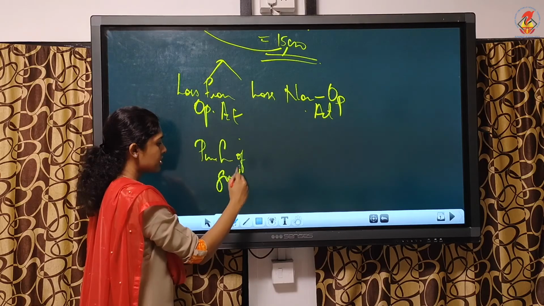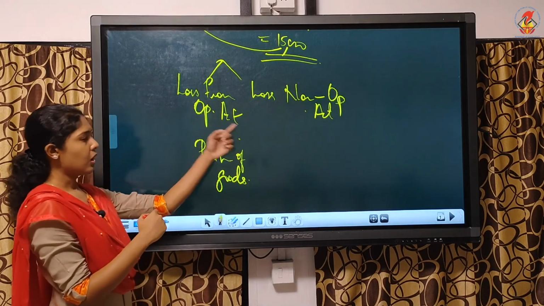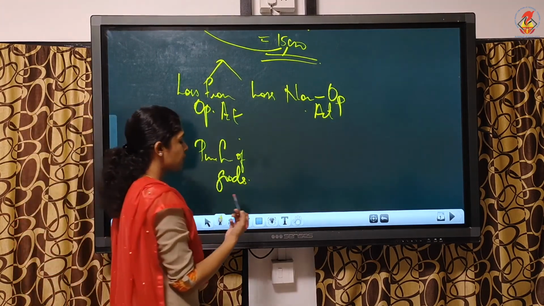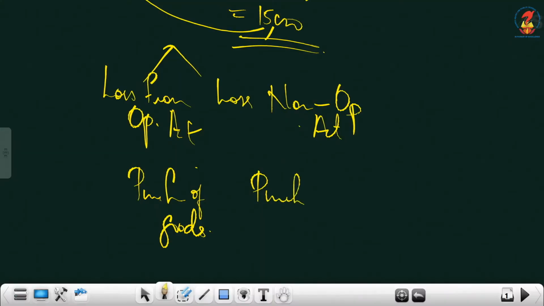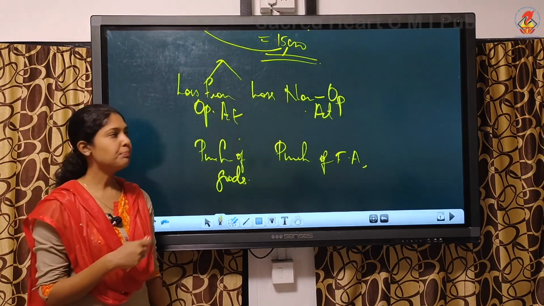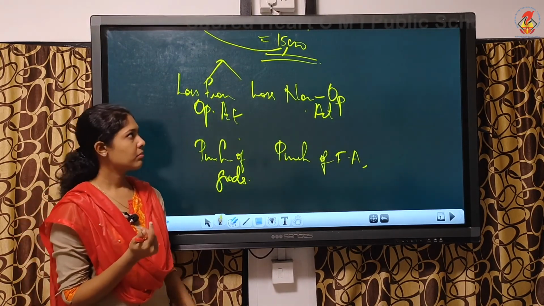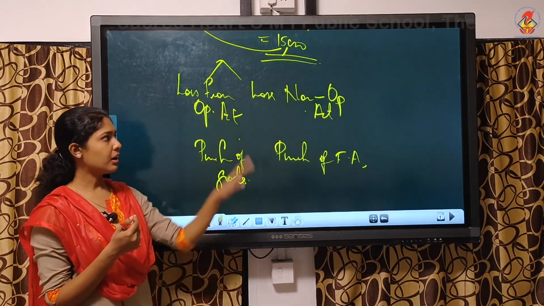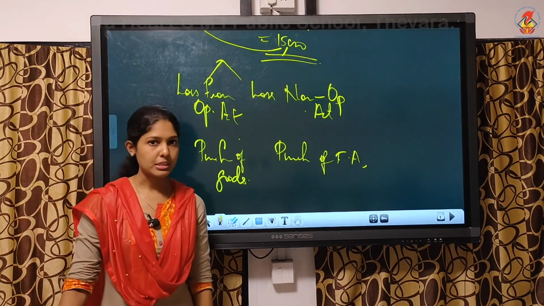When you purchase goods, the loss incurred is loss from operating. Then loss from non-operating means when you purchase fixed assets like land, building, furniture. When you purchase all these, the loss incurred will be termed as loss from non-operating, just like income. This is the reverse which you can write.